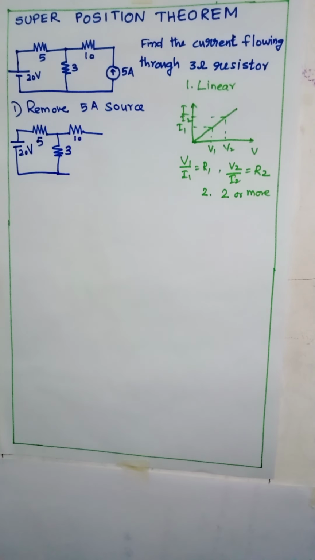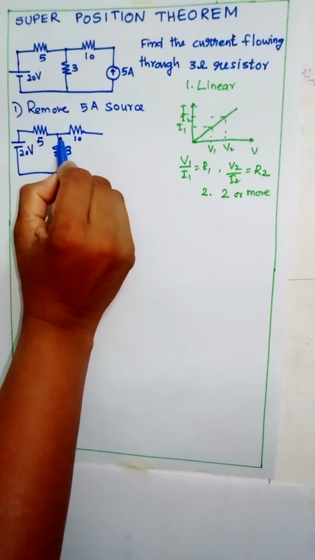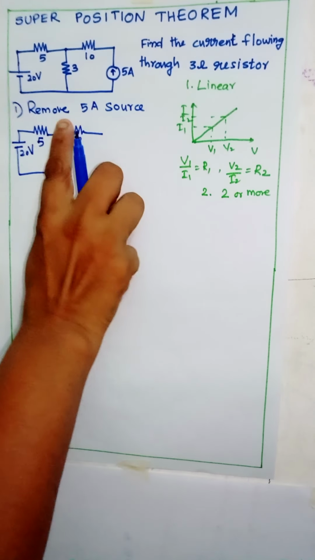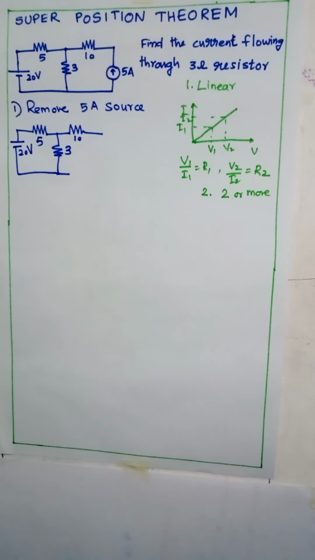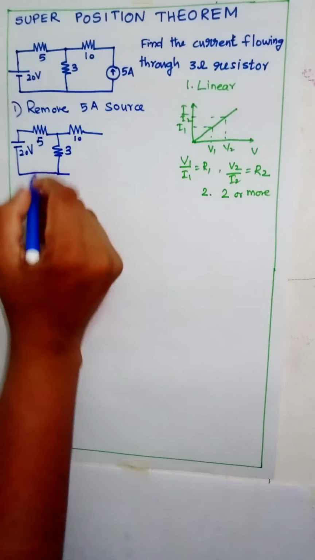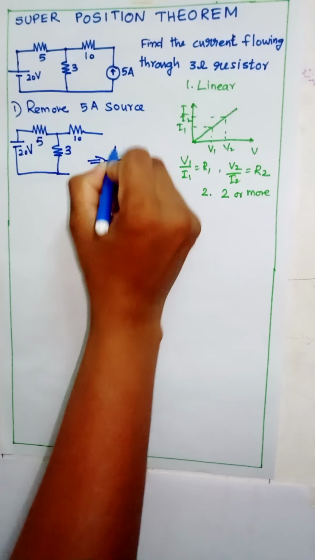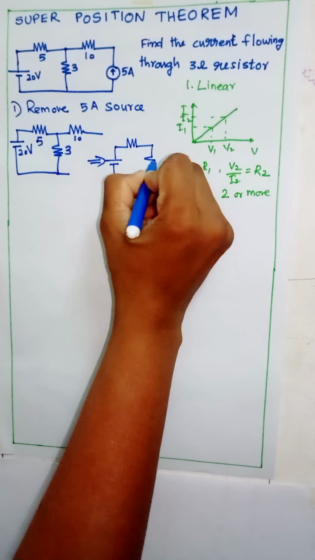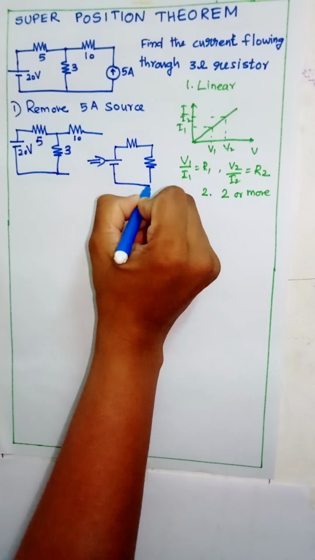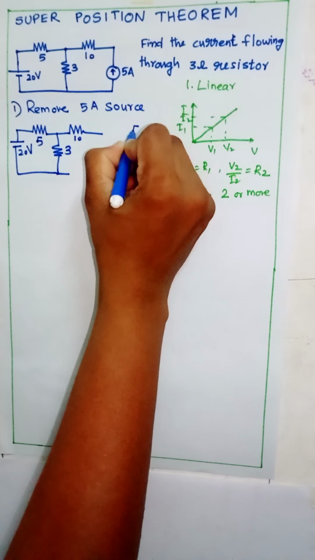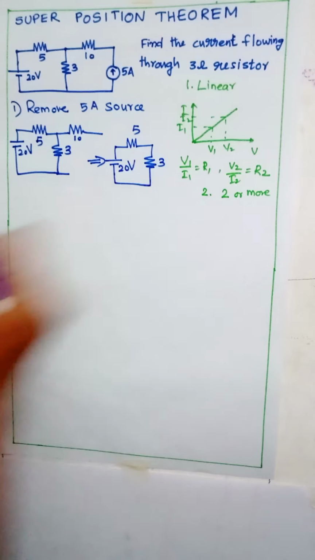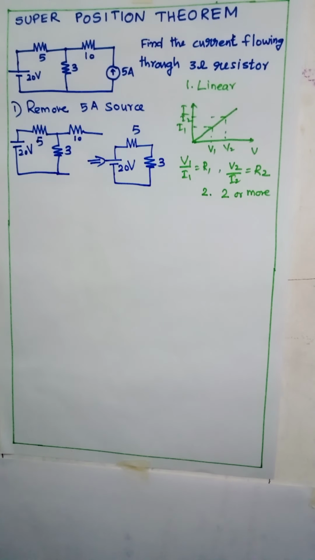The current source is open circuited. That means there is no current flowing through 10 ohm resistor, so we can avoid that element. So the circuit can be redrawn as 3 ohm, 5 ohm, 20 volt source. So thus we can redraw the circuit.